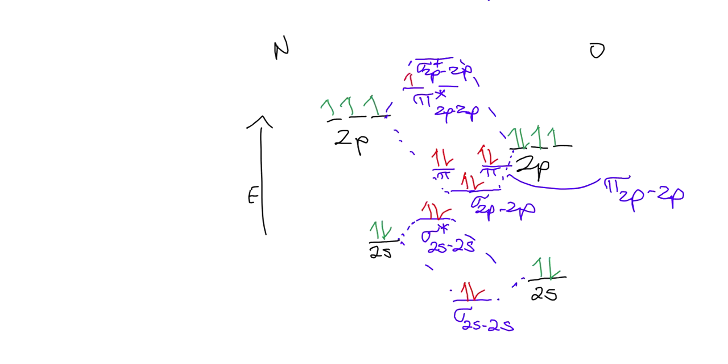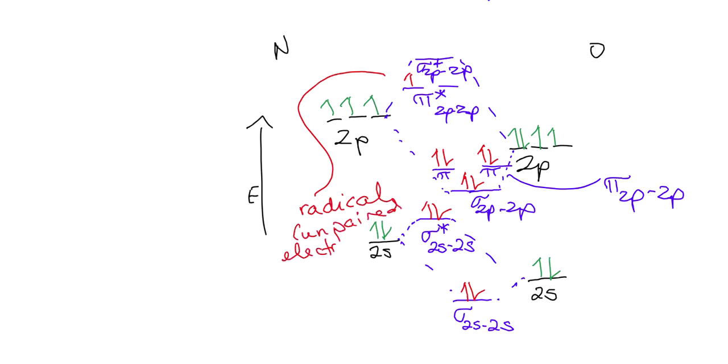So what we find is that nitric oxide is a radical because I have an unpaired electron. This is paramagnetic because paramagnetic is a property that your substance is attracted to a magnetic field.